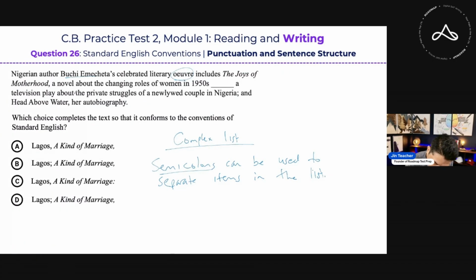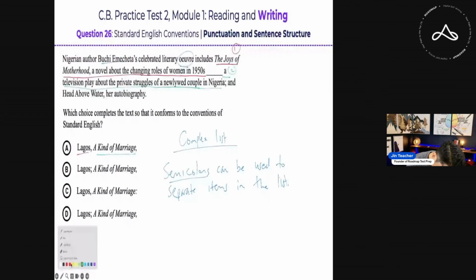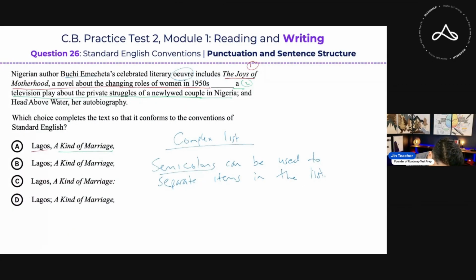The first item is The Joys of Motherhood, a novel about the changing roles of women in 1950s Lagos. The second item is A Kind of Marriage, a television play about the private struggles of a newlywed couple in Nigeria. And then the third item is Head Above Water, her autobiography.